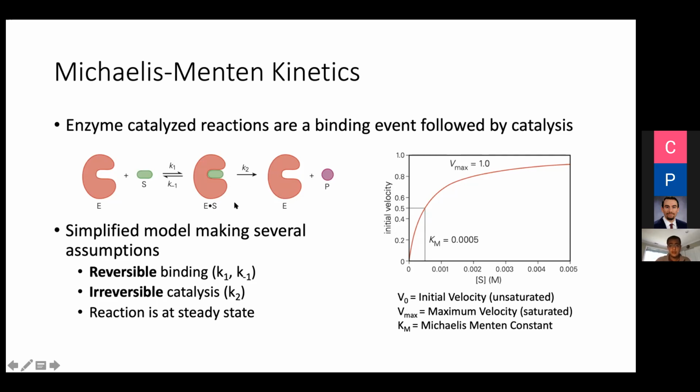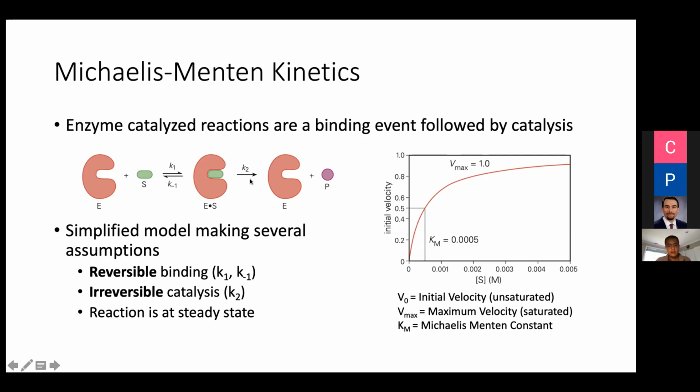Again, it's a very simplified model, and it makes several assumptions. One of which is that the binding event is reversible, as it is denoted by a K1 rate constant and a K-1 rate constant. And the second step, the catalysis, is irreversible and is denoted by the K2 rate constant.